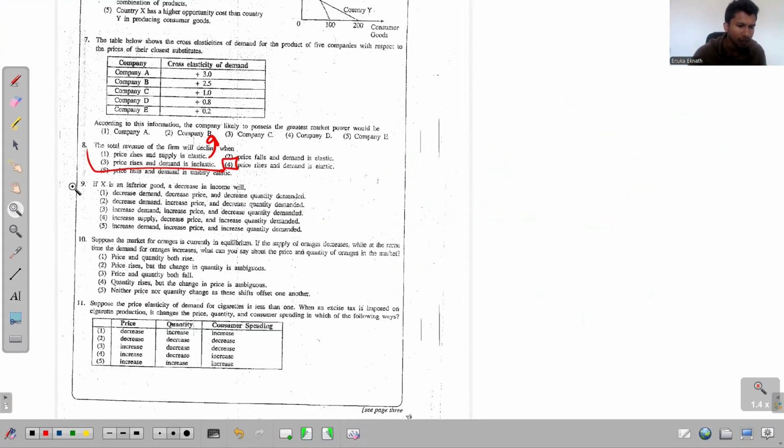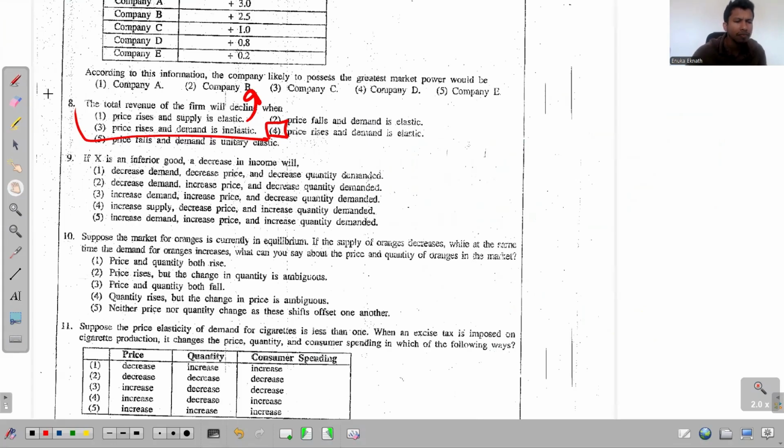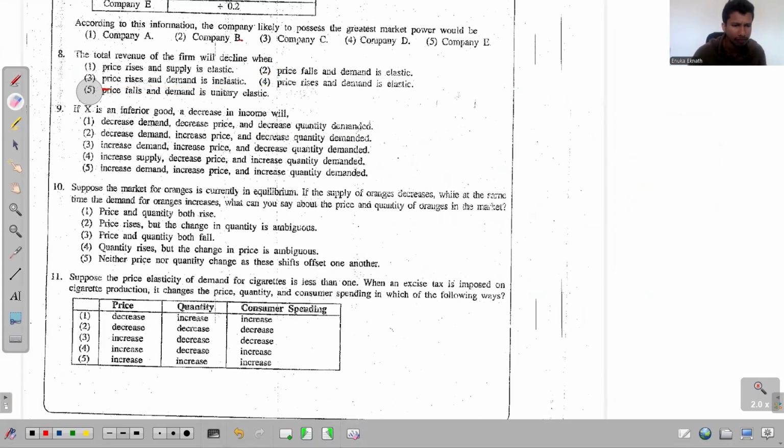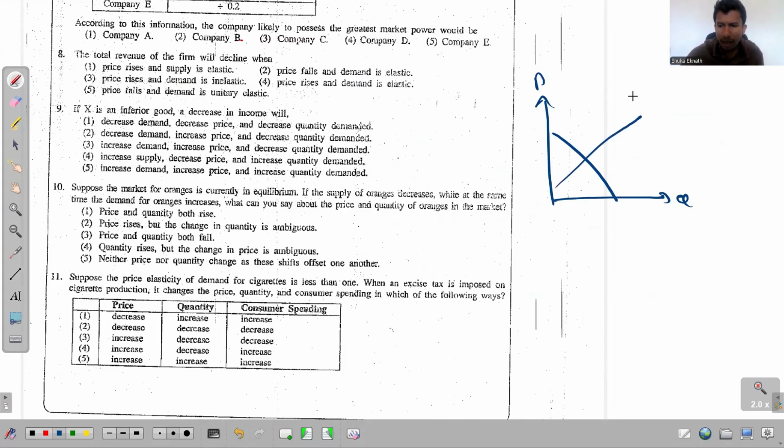Okay, now look at question number 9. It says, if X is an inferior good, a decrease in income will. If you draw the diagram, this is how it will look, with the quantity and the price. You have the demand curve and the supply curve.